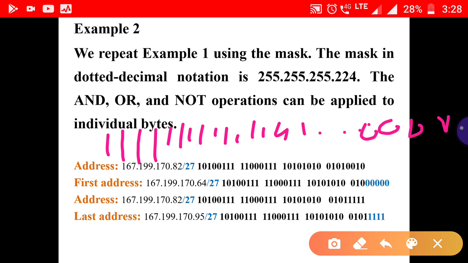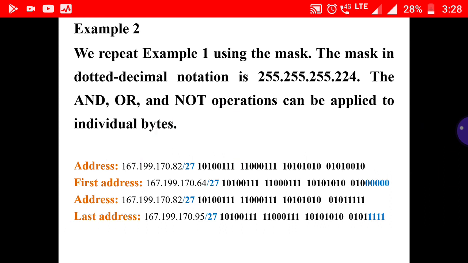It is a mask. ANDing these two gives this result. Okay, last address: OR operation with NOT of mask. OR operation with NOT of mask gives the last address.